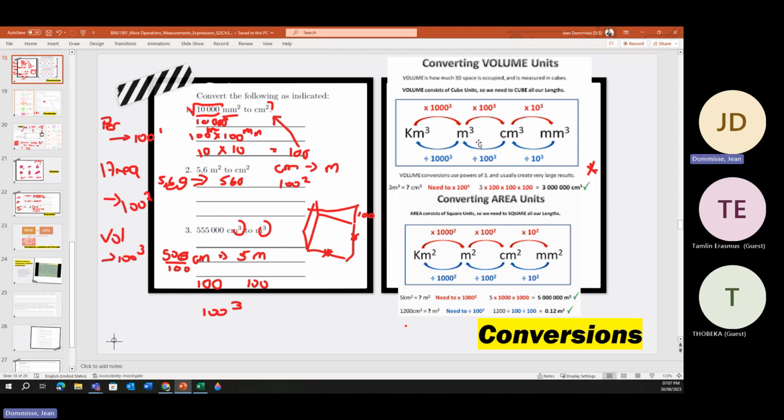If we convert meters to centimeters, 100 to the power of 3, 100 to the power of 2. And if we convert centimeters to millimeters, 10 to the power of 3 and 10 to the power of 2. And obviously then the inverse, if we don't divide, but we need to multiply, exactly the same principle follows.